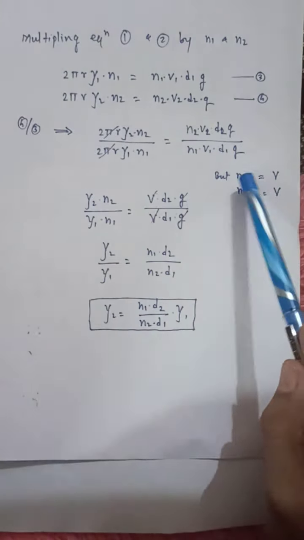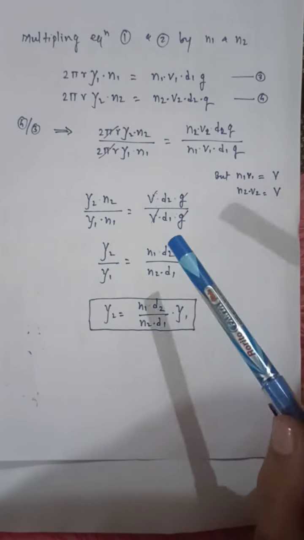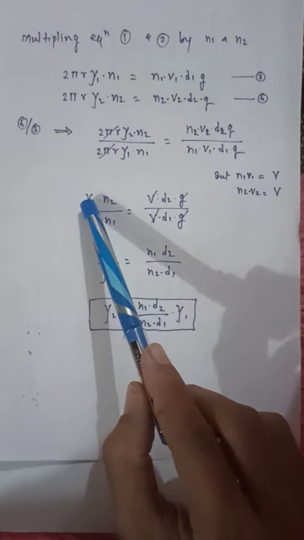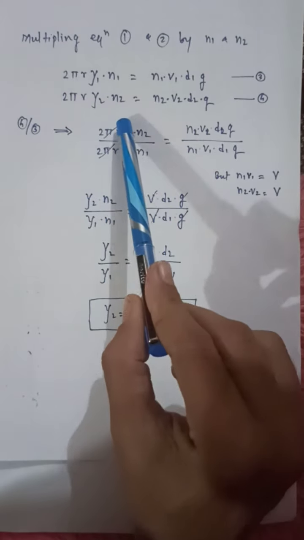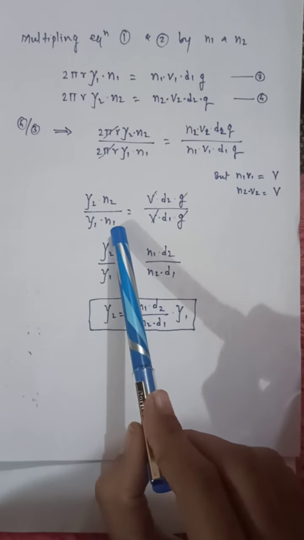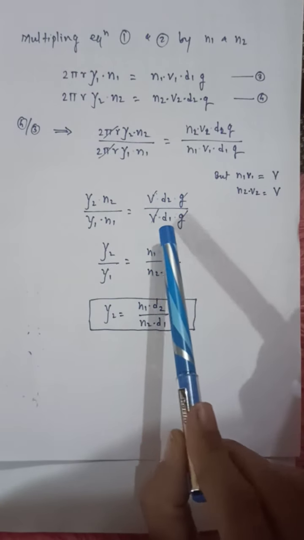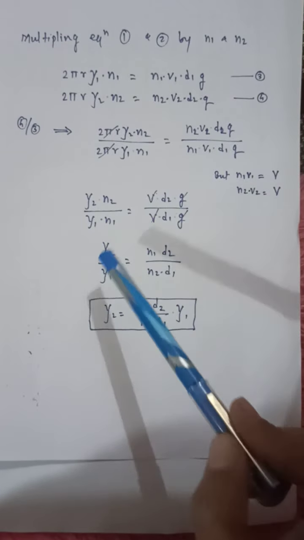Now we have replaced N1 V1 and N2 V2 by V. Then 2 pi r will get cancelled, so gamma 2 N2 upon gamma 1 N1 equals V D2 g upon V D1 g. V cancels, g cancels.